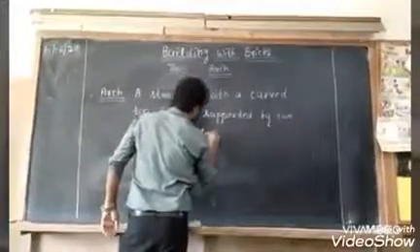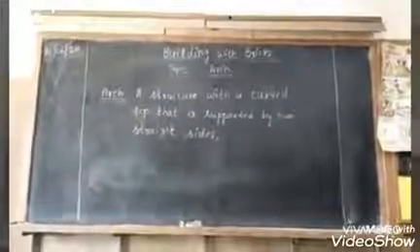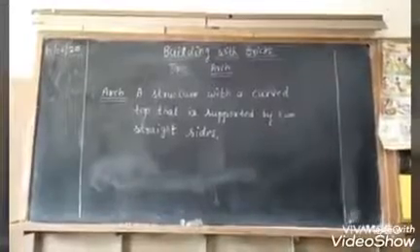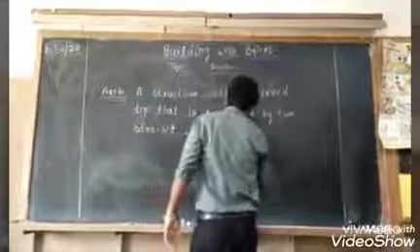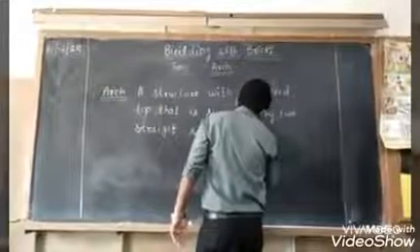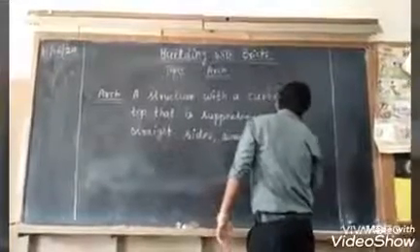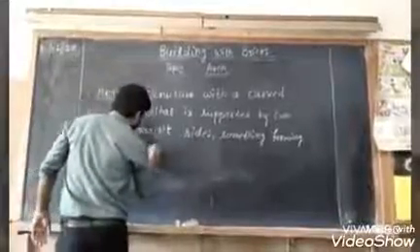So something forming an entrance. So a structure with a curved top that is supported by two straight sides and something forming an entrance. It gives an image of an entrance.